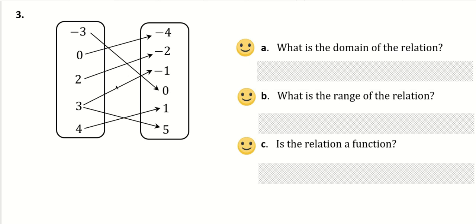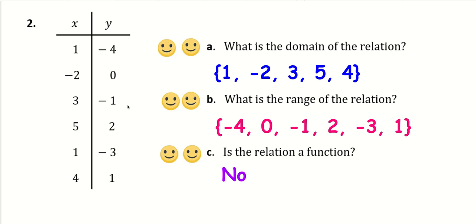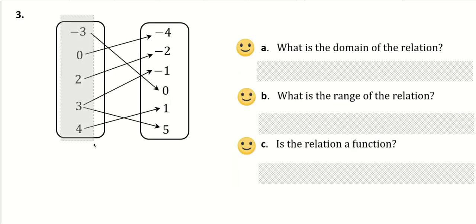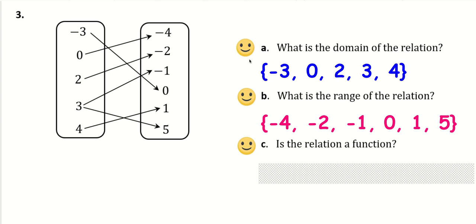Number 3, this is a mapping diagram, which again is not really that different from a table, because here's all your x's and here's all your y's. So finding all the x's and y's is super easy. And then this is pretty much also easy.